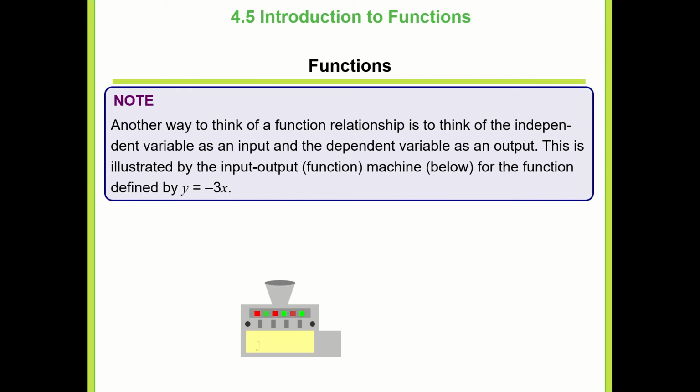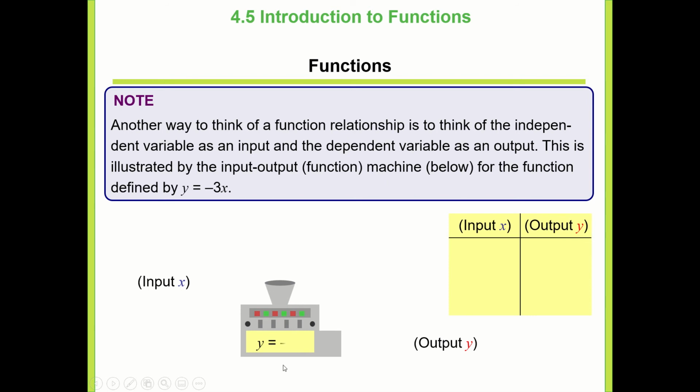Here, let us look at this function. What is a function? We input x, okay? And here there is an operation. Okay, this is a function machine. It multiplies the input by -3 and we have an output y. x is input, y is output.